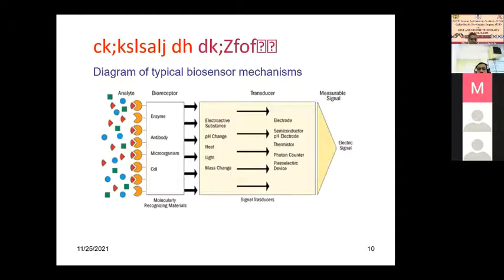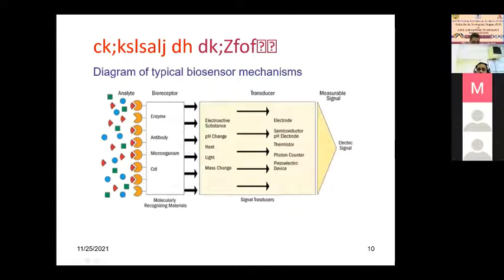Next. So now we have exposed you to the three basic important sensor technologies. Now we come to what the sensors are. Basically, you need a biorecognition event to occur at a certain surface, and that biorecognition event has to be transduced by a transducer into a measurable signal.